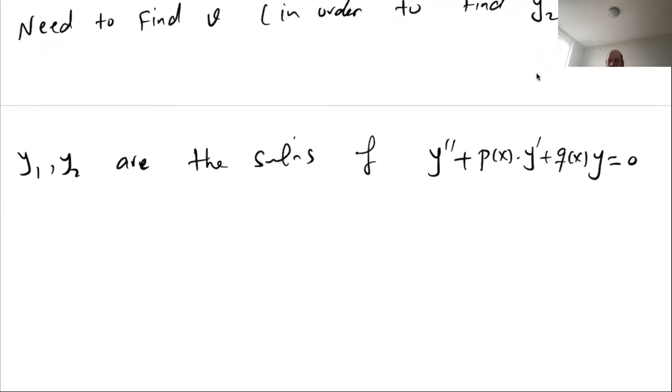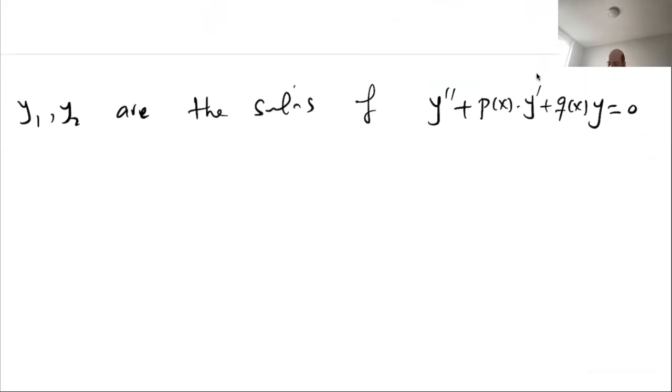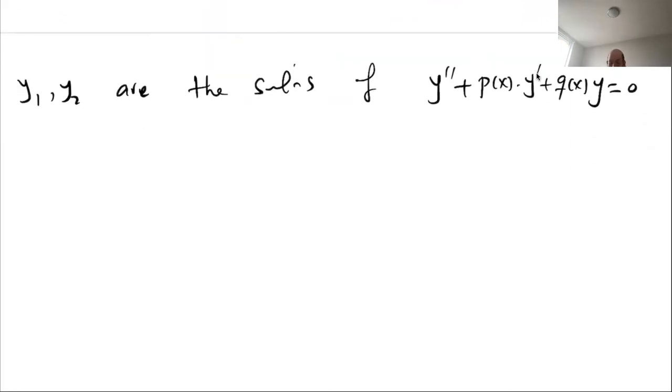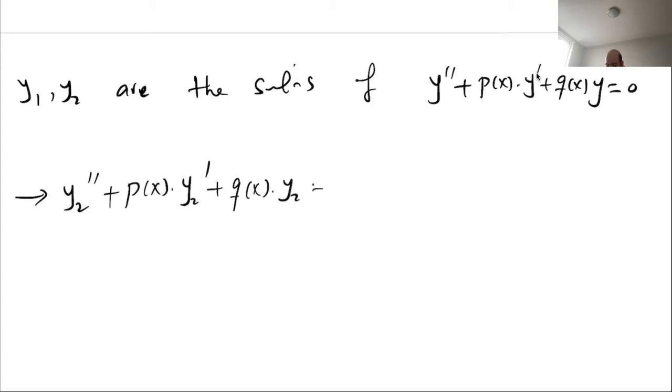So this is the original equation, and y1 and y2 are solutions of this equation. Now that means y2 satisfies the equation, meaning that y2 double prime plus p of x times y2 prime plus q of x times y2 equals 0.